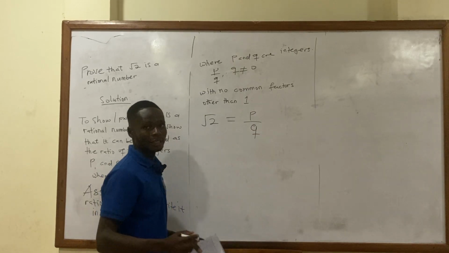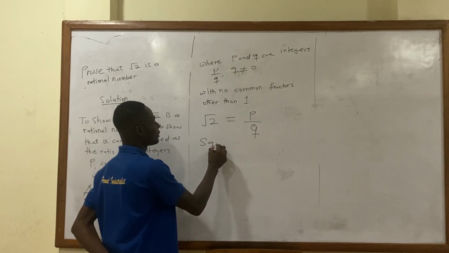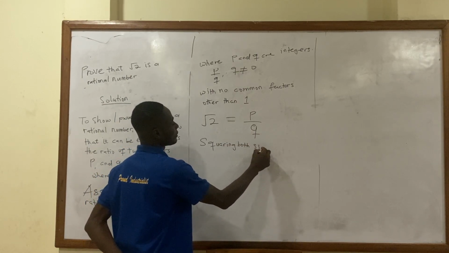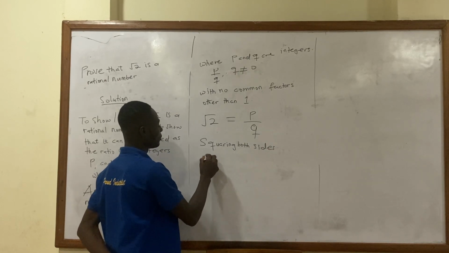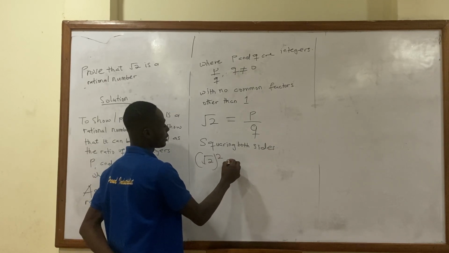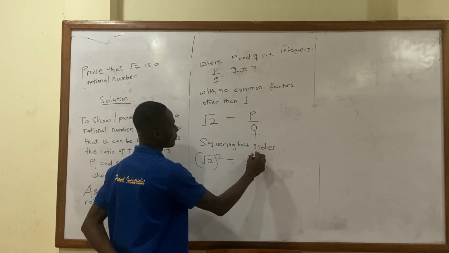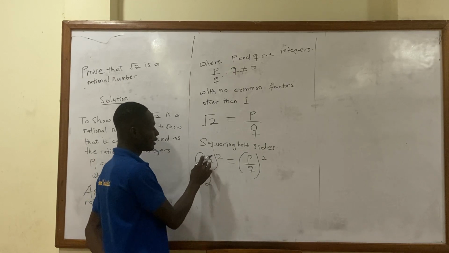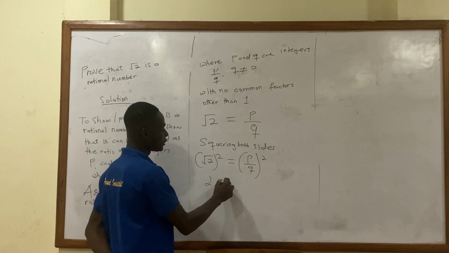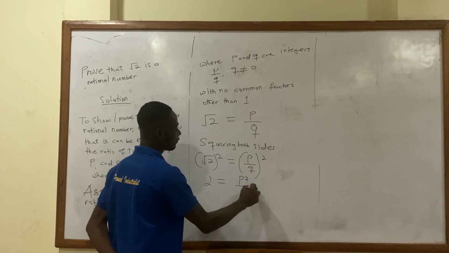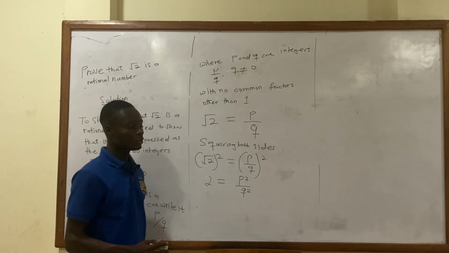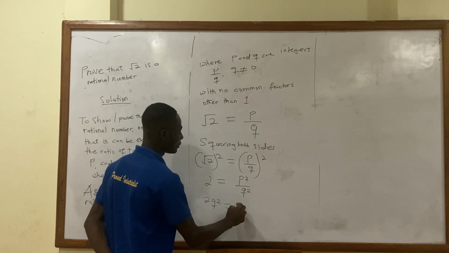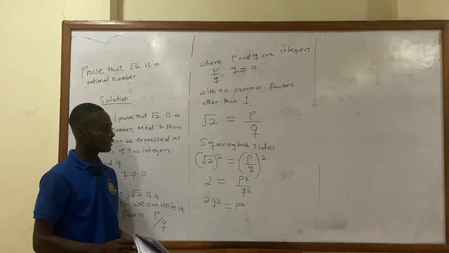Q. All right. So from here, squaring both sides, we have root 2 squared is equal to p over q all squared. You know that root 2 squared will give you what? 2, which is equal to p squared over q squared. So from here we can say that we have 2q squared is equal to p squared. Very, very clear.